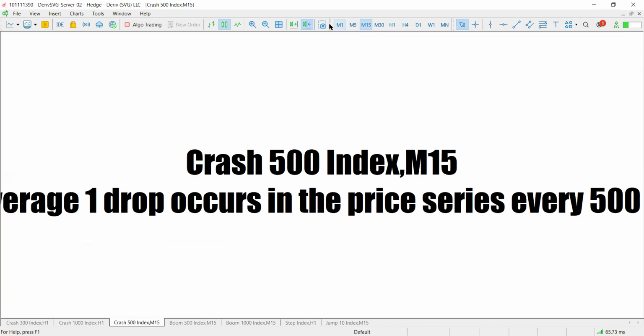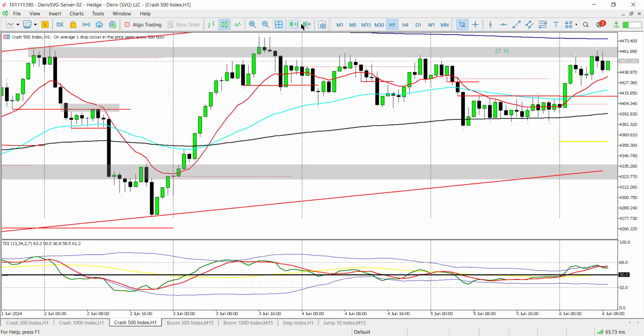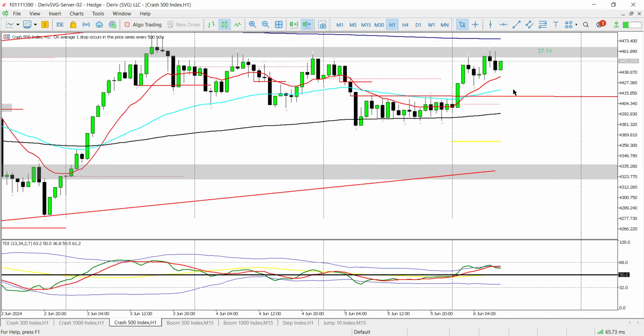That 50 EMA is the same as the 800 EMA on H1, so that's why I just left it on H1. Let's be patient with it. If they decide to drop, allow them to drop and give us that impulsive push first and a close below the 13 before we start looking for a sell. So yeah, that's it for C5.